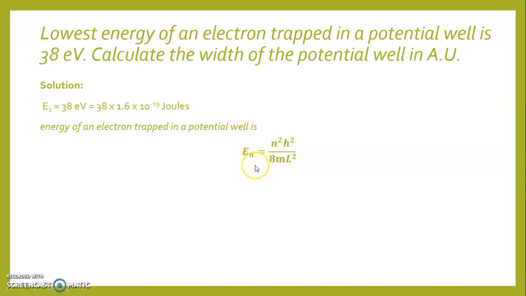So n starts from 1 and goes to different integers. Now, as we are given the lowest energy, n is 1.